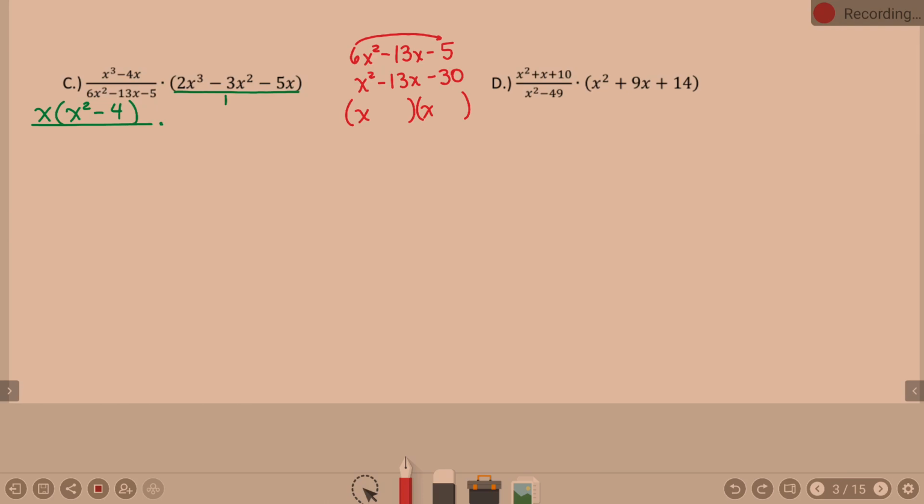Negative 15 plus 2. Okay, this is the tricky one, isn't it? My gut wanted to go for 3 and 10 also. But with the signs, can we get 3 and 10 to work? No. And we've seen several like that today, right? Where it's been the number and 10. Unfortunately, you're going to have to go with 15 and 2 here. Negative 15 plus 2 gives me negative 13, and negative 15 times 2 gives me negative 30.